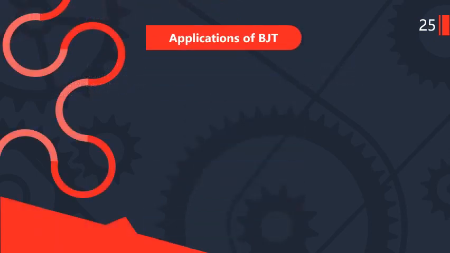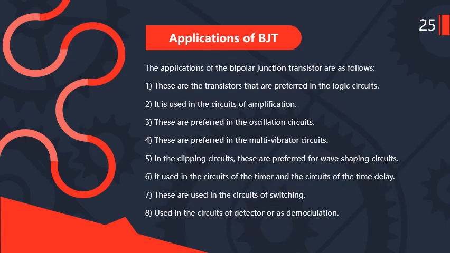The next topic is applications of BJT. So the applications of bipolar junction transistors are as follows. Number 1, these transistors are preferred in logic circuits. Number 2, they are used in amplification circuits. Number 3, they are preferred in oscillation circuits. Next, they are preferred in multivibrator circuits.